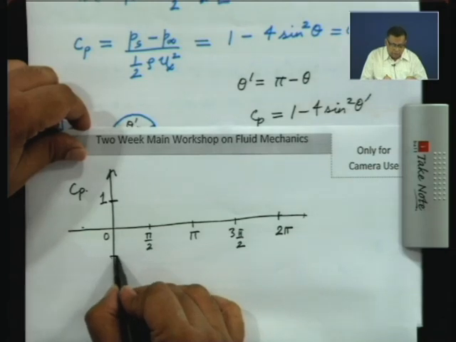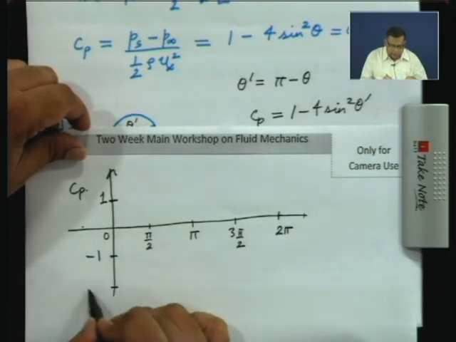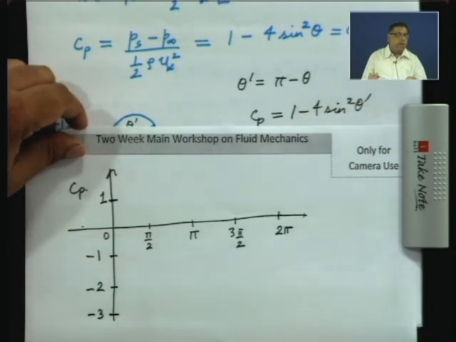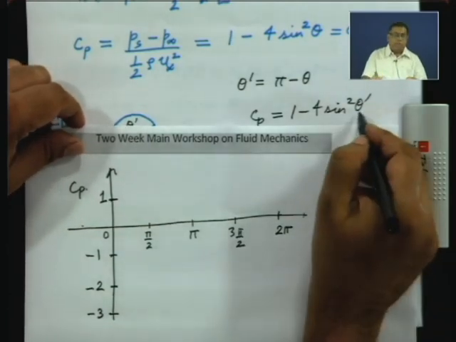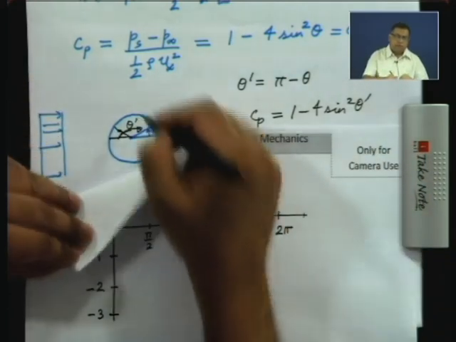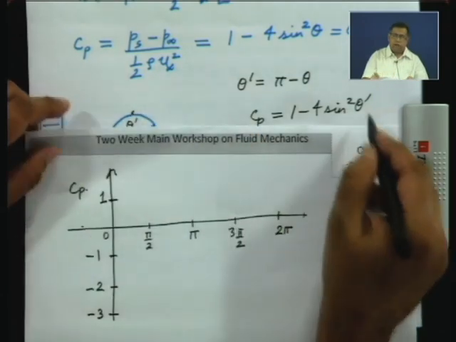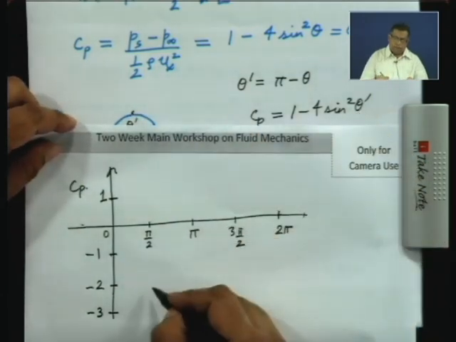So, I will put minus 1 over here, minus 2 over here and minus 3 over here. Now, when theta prime is pi by 2, that is, you are on the top of the cylinder, this is minus 3.